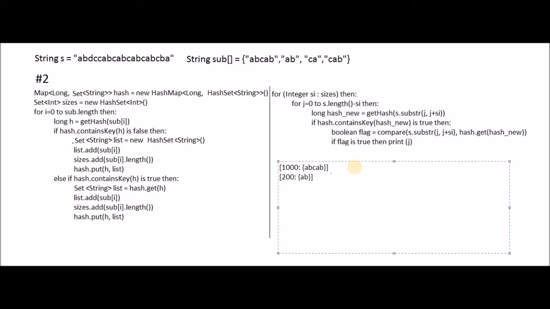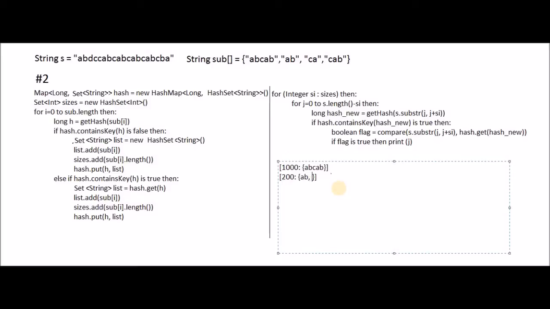Now we have CA, and let's say its hash clashes with the hash of AB. We see that the hash is 200, and 200 already exists as a key in the hash map. So we get the set, that's AB, and then we add CA into it.